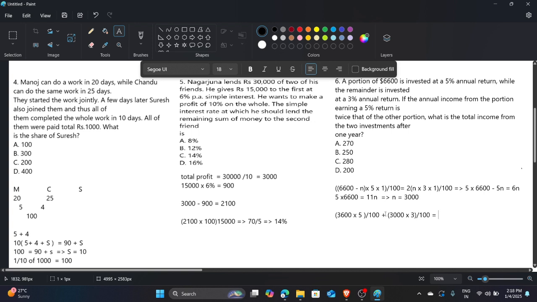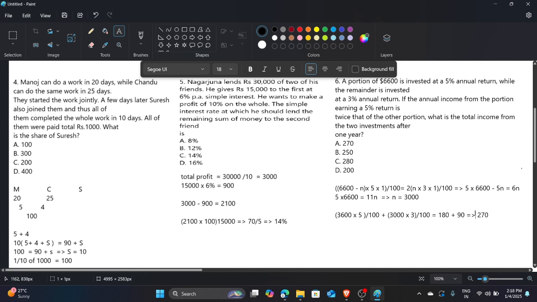So 5 sixes are 30, carry 3, 5 threes are 15, so 180 plus, zeros cancel, so 0 here, and 3 is the 9. So this is the answer.